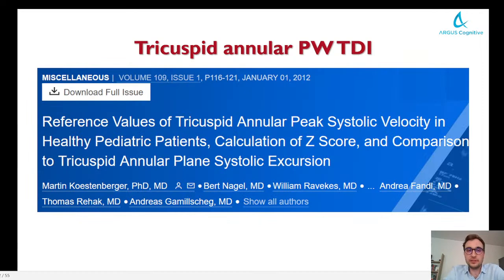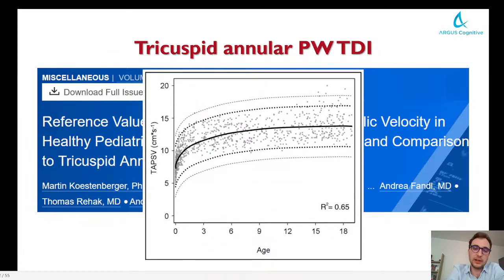We also have reference values for the peak systolic velocity of the tricuspid annulus with tissue Doppler by Kostenberger and colleagues, and also z-scores.